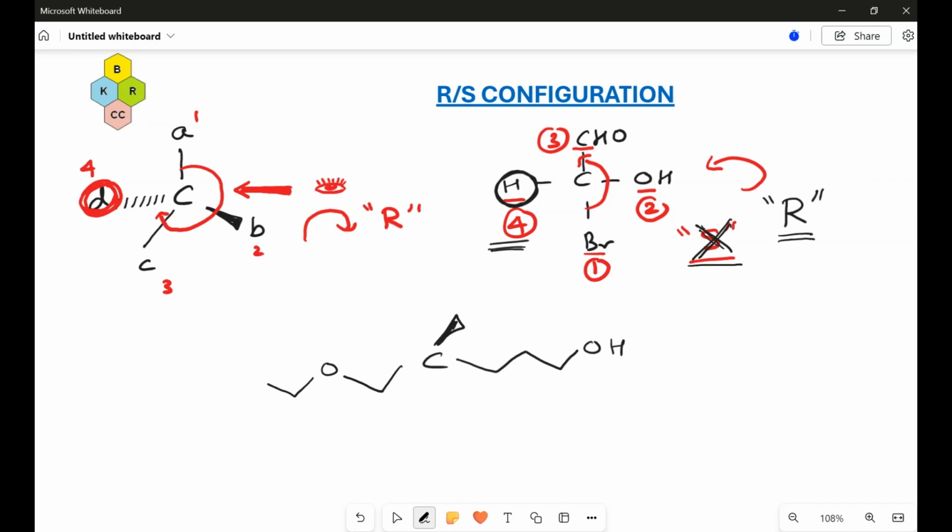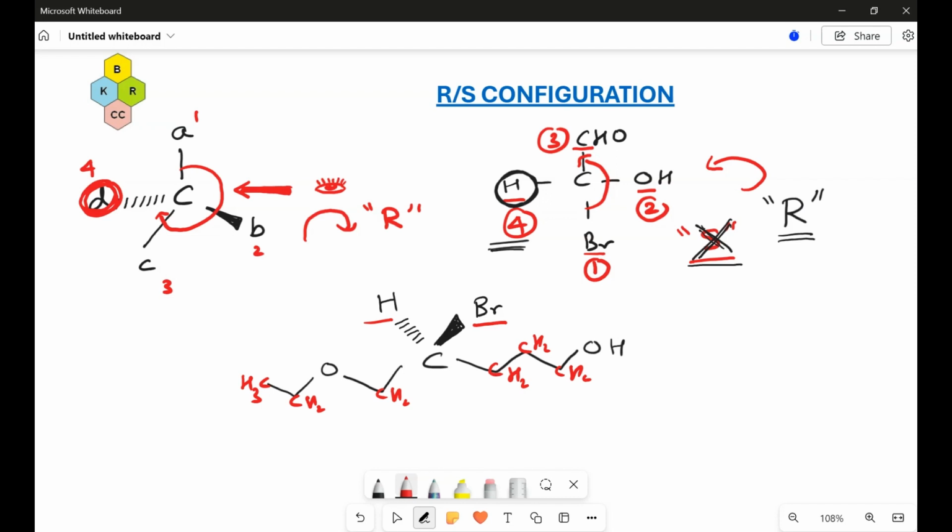Okay, let me take another example. I am making it a bit difficult for you. Look at the directly attached atoms. I have a bromine, I have a hydrogen, and here I have CH2, CH2, CH2, CH2, an oxygen, CH2, and a CH3.